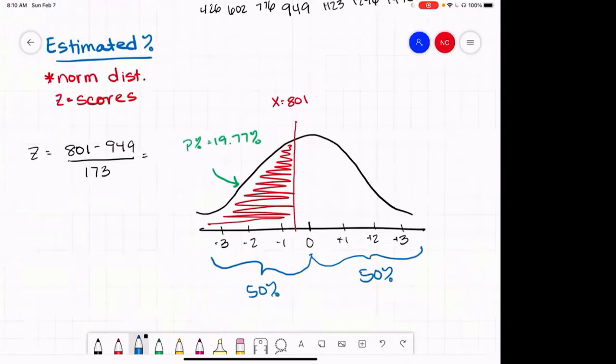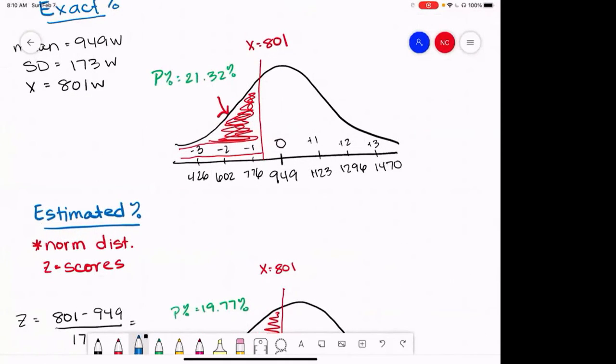Now, if you look at this distribution, right, and I'm not assuming that all of you did this, but we can't make that assumption, right? So if we took 949 and we said, how many values are at or below 949, okay, and then how many values are above 949?